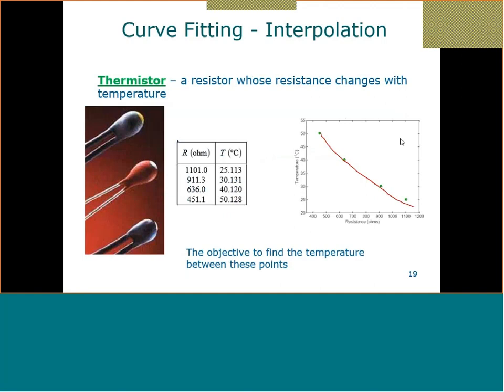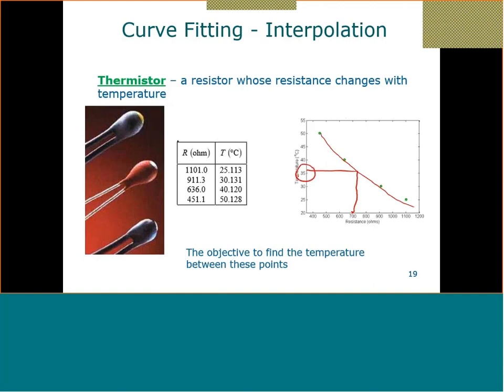This curve can help me when I want to find the temperature. For example, if I have something here at 700 ohms, what is the temperature? So I use this curve that I predict, or extract from the data, so that I will know what the temperature is.